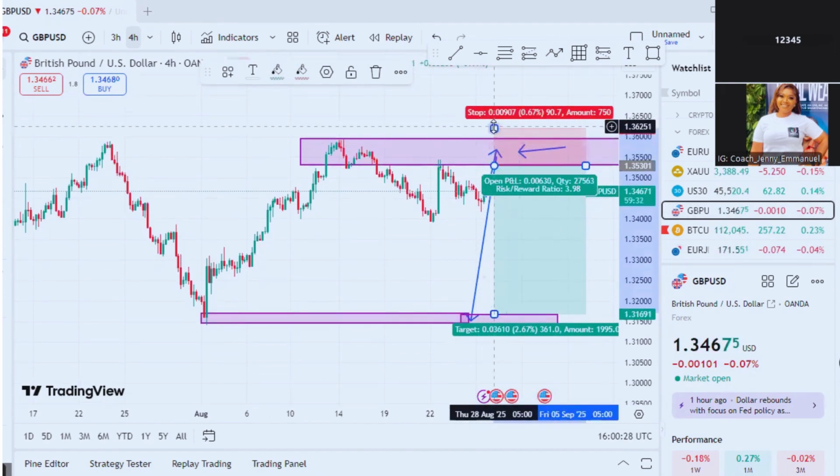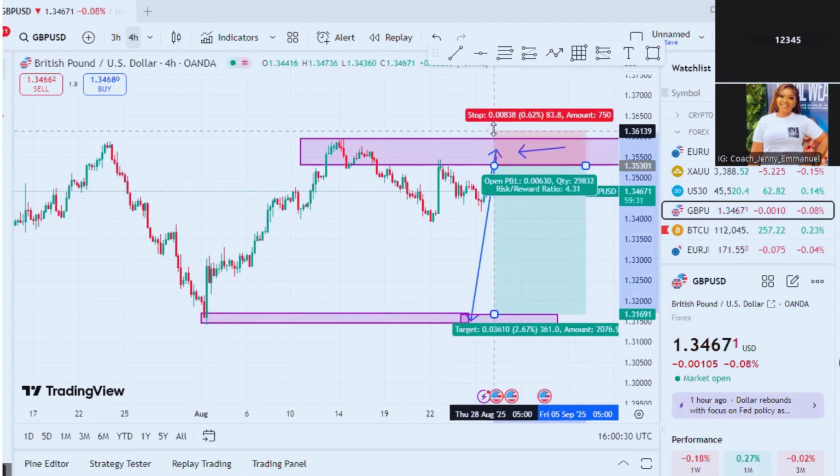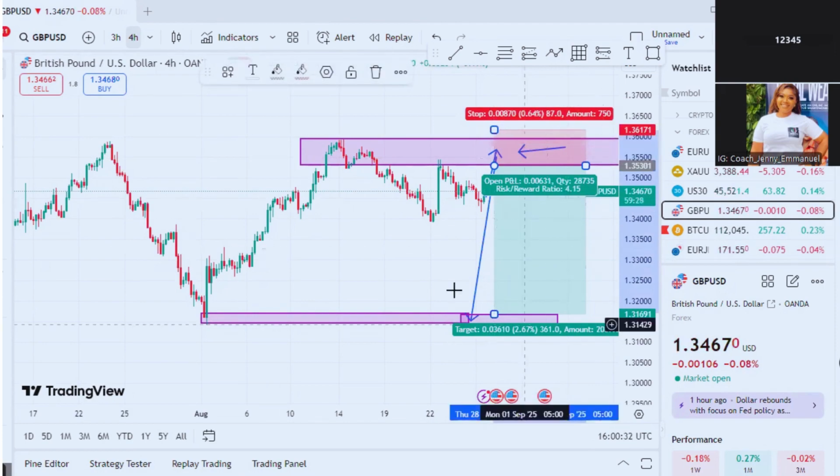So my stop loss will be a little bit above my previous high. You can see it, guys. So simple. So now if you want to look for an entry, either you use a candlestick pattern, me, I love using candlestick patterns as entry, or you use market structure as entry, or you can use trend to get your entry.